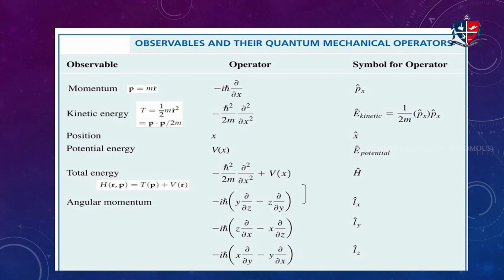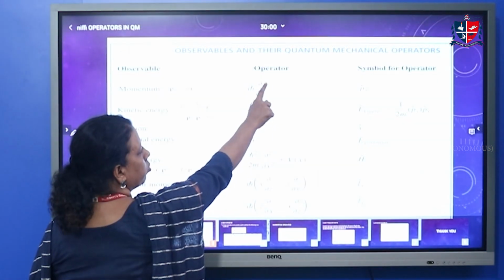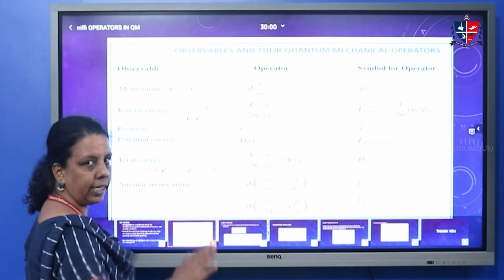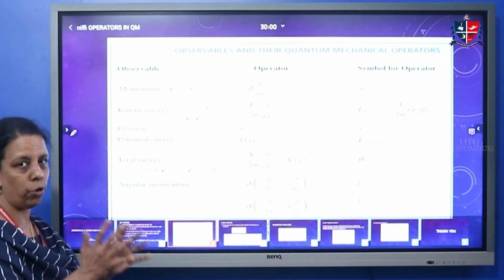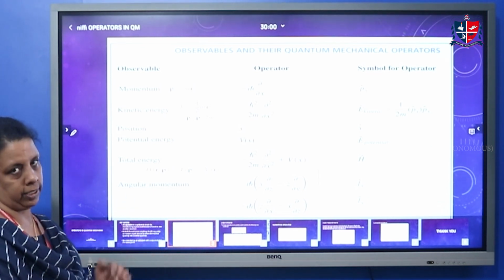So here px represents momentum along the x direction only, and the operation that has to be carried out on this is minus i h cross into dou by dou x. That is the operation that has to be carried out in order to get the momentum of a system.